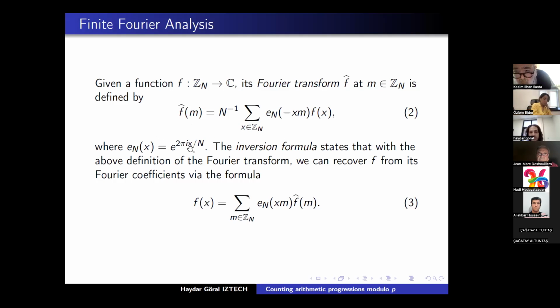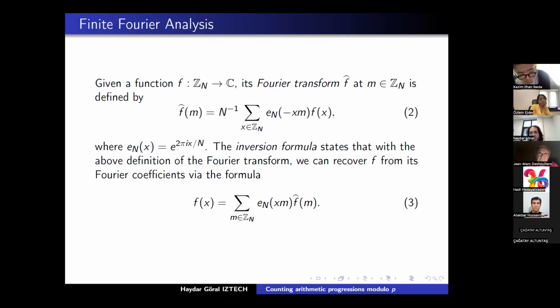Here we use the additive character. Then you can always recover your f from its Fourier transform, but this time you are not dividing by n. For the Fourier transform you divide by n, but when you recover your function from the Fourier coefficients, there is no n, and you can always express your function in terms of its Fourier transform.